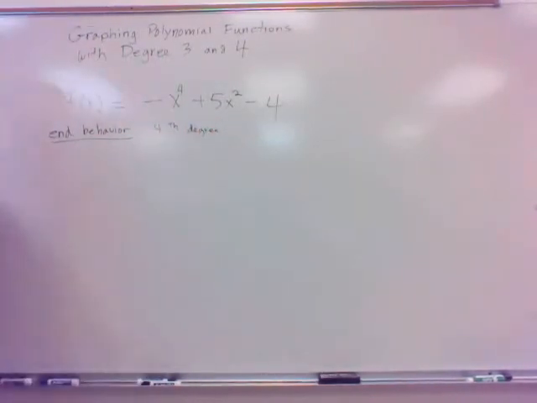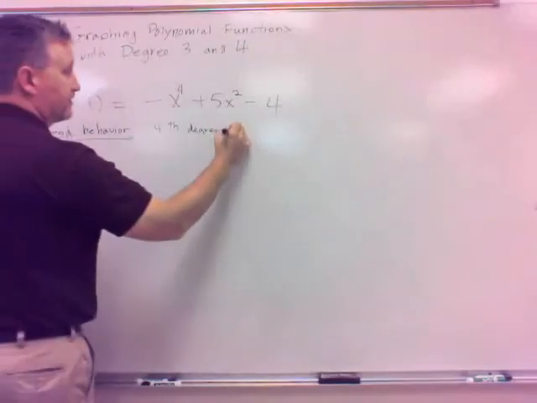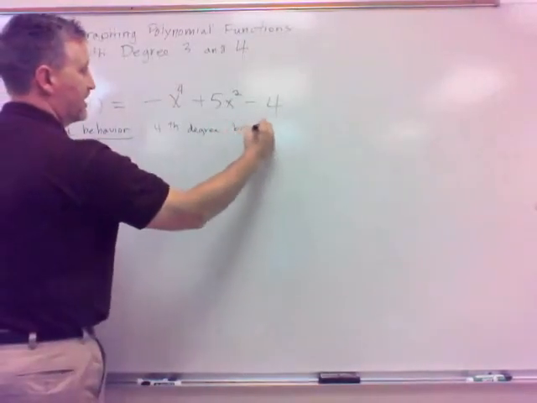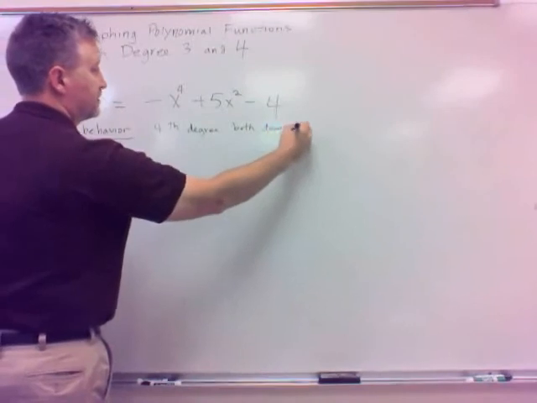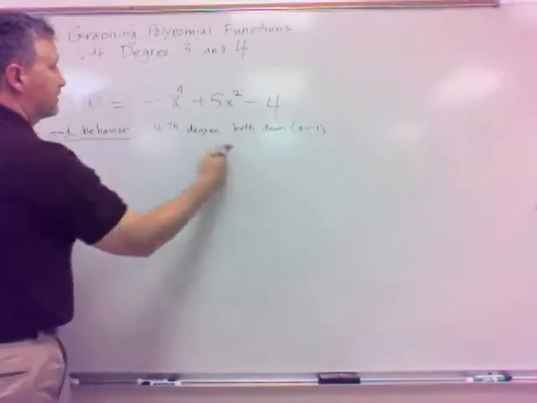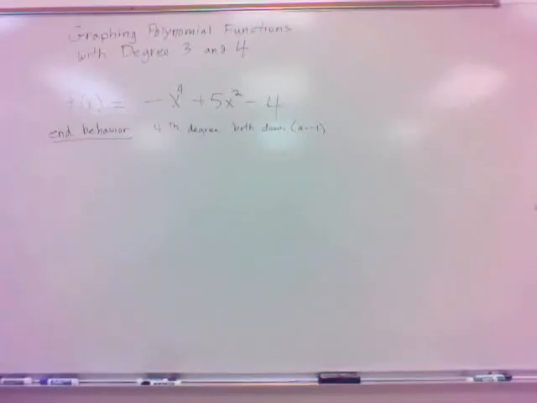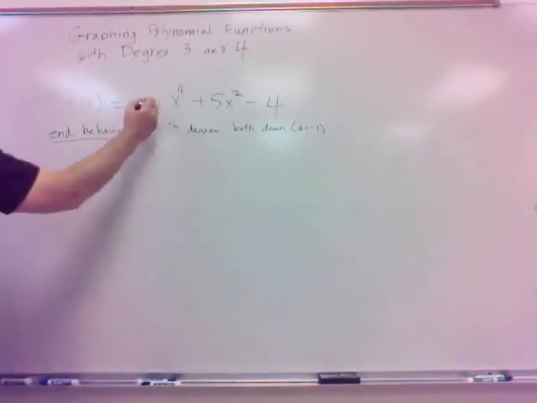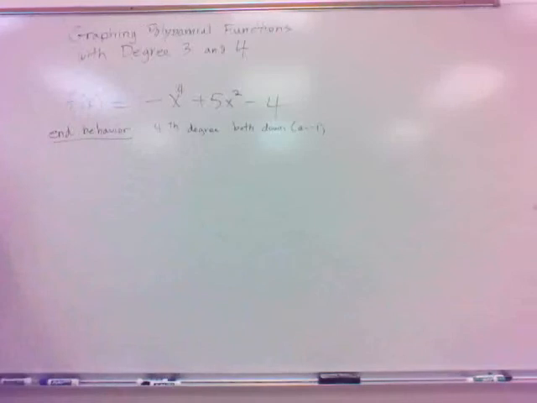And in this case, we're going to go with both down, because the A is negative. Again, A is negative 1 there. If A was positive 1 or positive 2 or anything positive, it would be both up. This one, though, has A being negative 1, so it's both down.